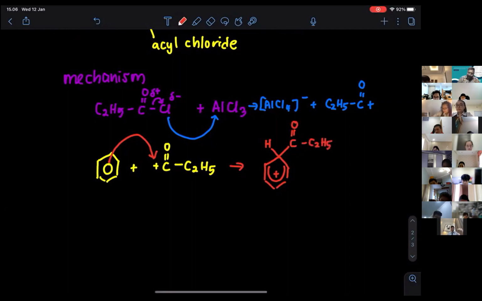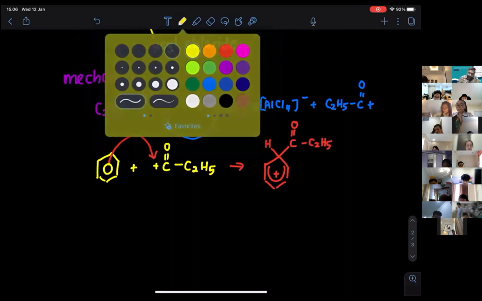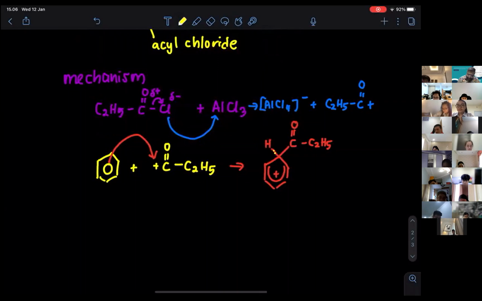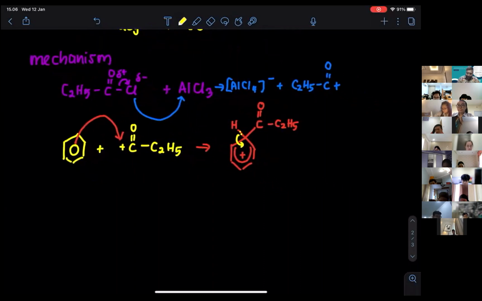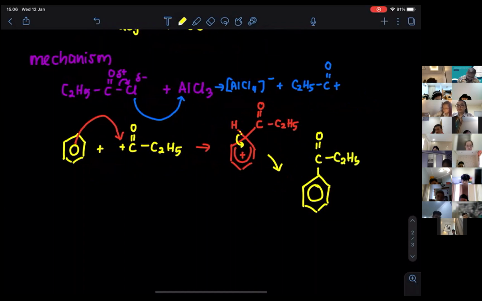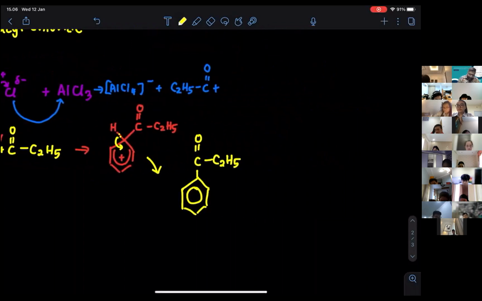And we want the 2 electrons back, so they try to get them from the hydrogen. You are going to have the ring back with C double bond O, C2H5. That leaves the H plus alone.